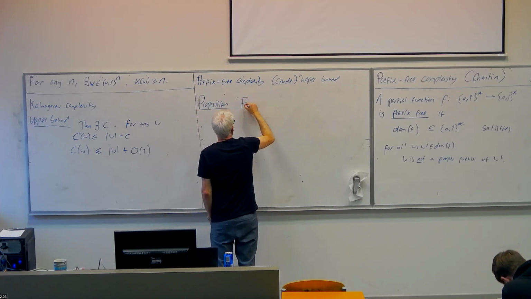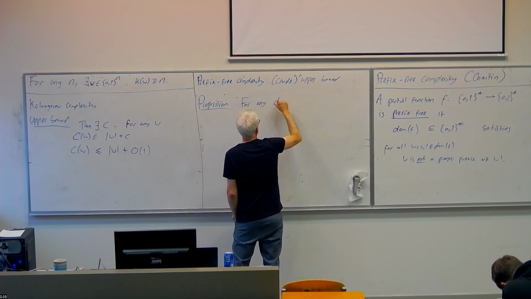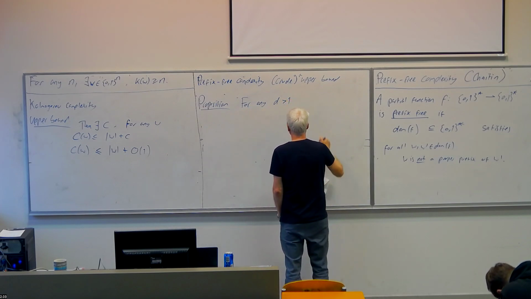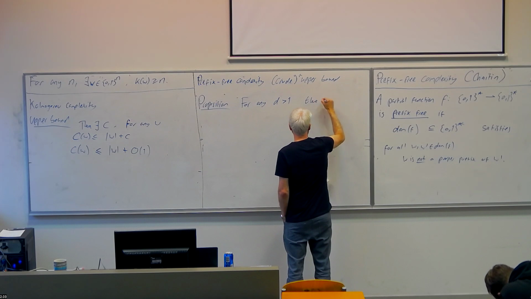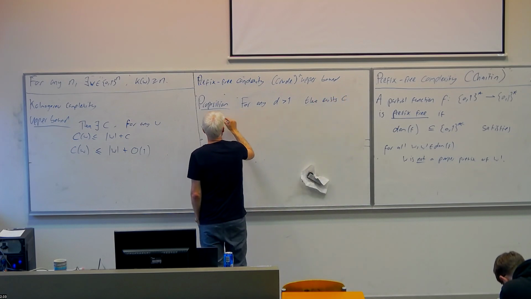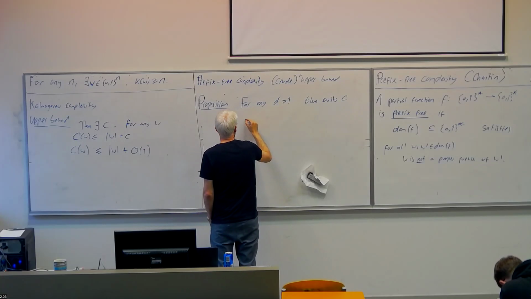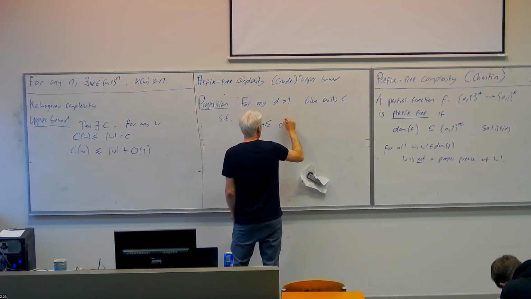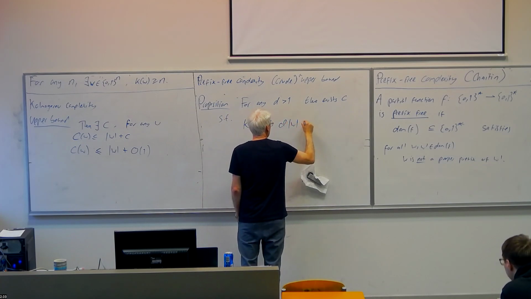For any d greater than 1, there exists c such that the prefix-free complexity of a word is bounded above by d times the length of w plus c.